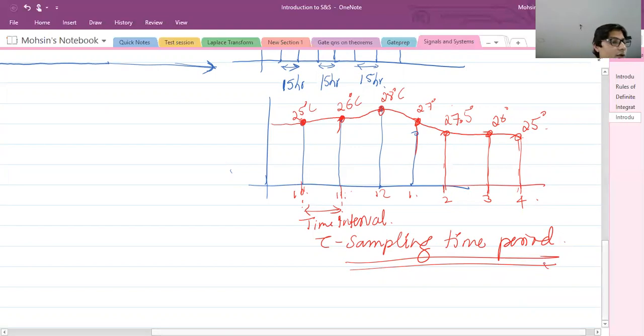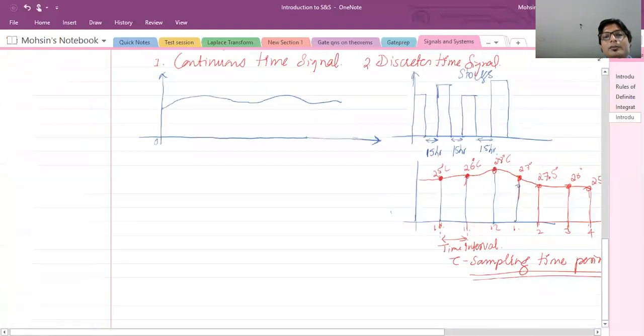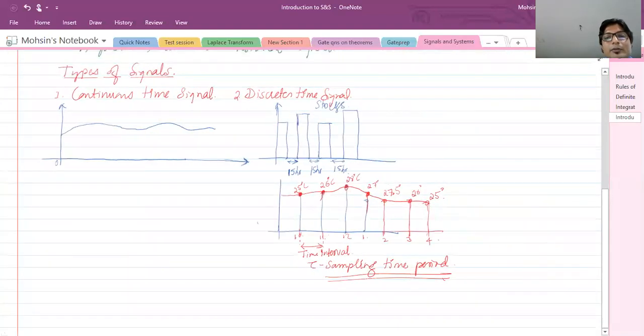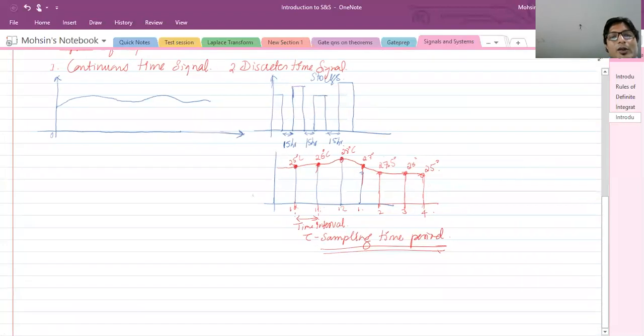Now if you want to represent the continuous time signal and the discrete time signal in mathematical form, usually the continuous time signal is represented as x of t, and the discrete time signal is represented as x of n. The discrete time signal is also called a sequence.